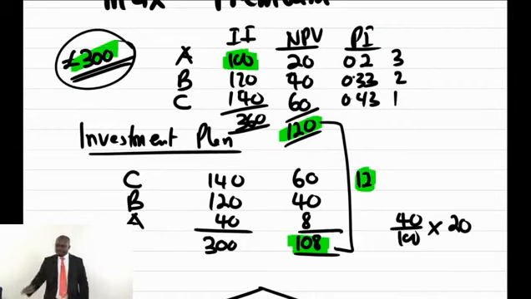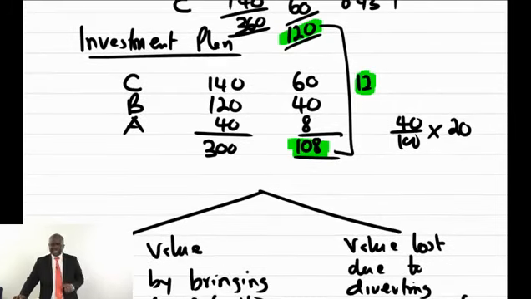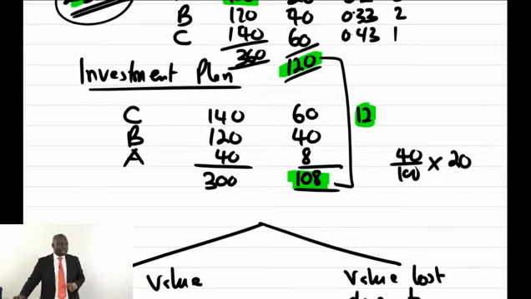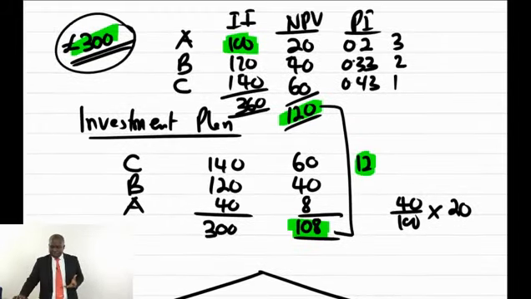If the examiner is going to trick you, instead of telling you to calculate the shadow price, because we said 1 unit, he will ask: if you have to bring in extra money, how much maximum premium should you be prepared to pay?